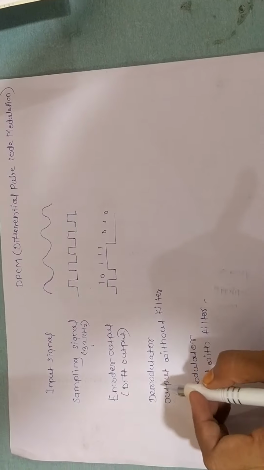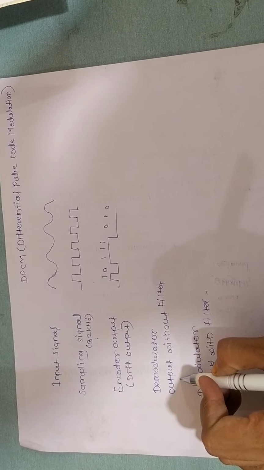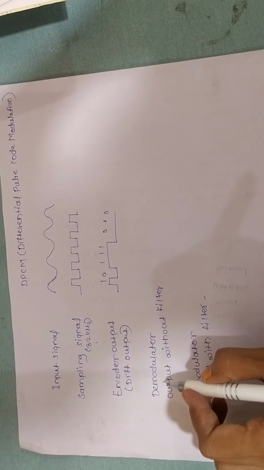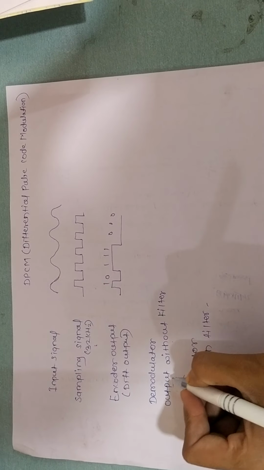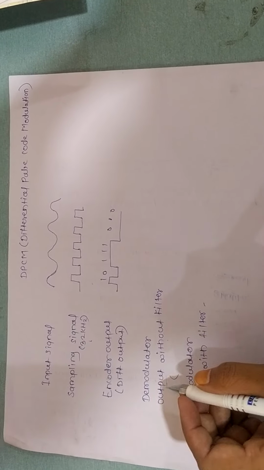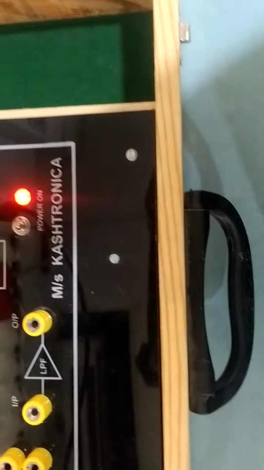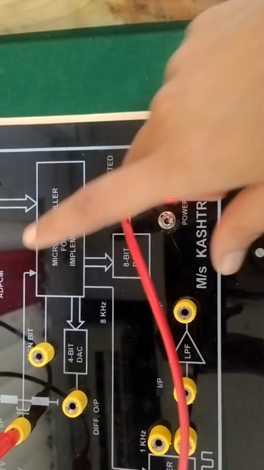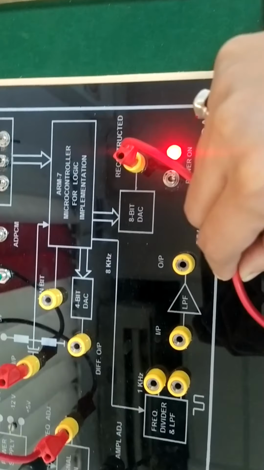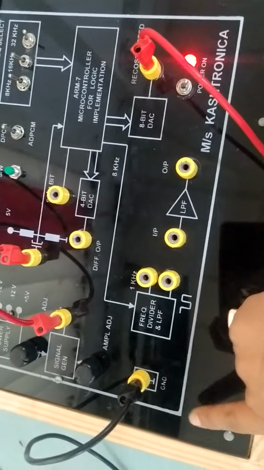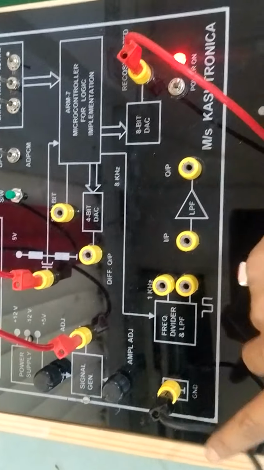After that we have to observe the demodulator output without filter, meaning the output with some added noise. After that we connect the reconstructed output to the CRO positive probe, and ground is connected to the negative terminal.